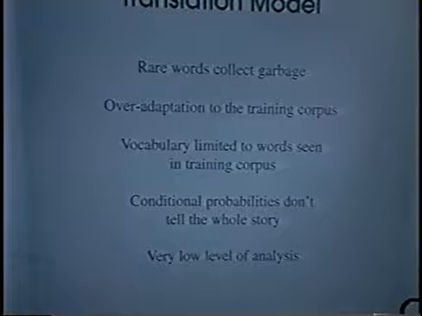Also, the vocabulary is limited to words seen in the training corpus. So if in the decoding step you were to come across a word you hadn't seen, there would be no basis for deciding what to do. Another couple of problems. First of all, conditional probabilities don't tell the whole story. This is sort of a philosophical problem that we have. Mike will talk a little more about this in a few minutes. And lastly, the IBM models provide a very low level of analysis of the actual translation process that we think is inappropriate.